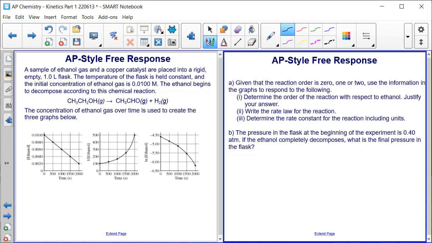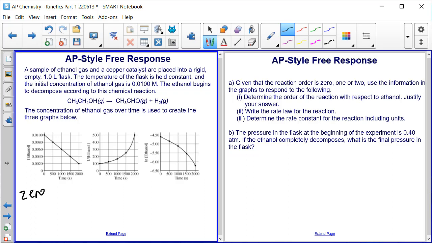So here's something we have to note. For a 0 order reaction, a graph of concentration versus time is linear. Okay?